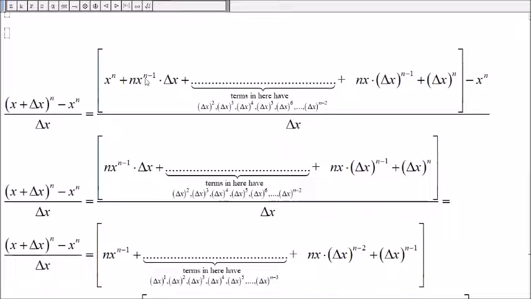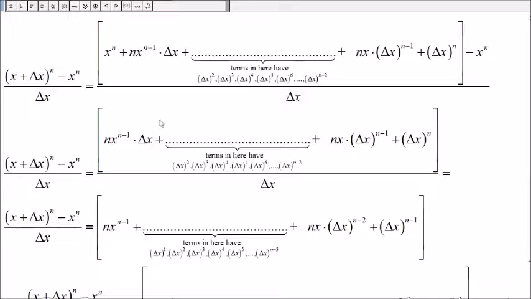So it's going to be n times x to the n minus 1 times delta x, and then all the terms in here, and then the last 2 terms, dividing by delta x. And that's what we have right here. This term dividing by delta x is just going to be n times x to the n minus 1.